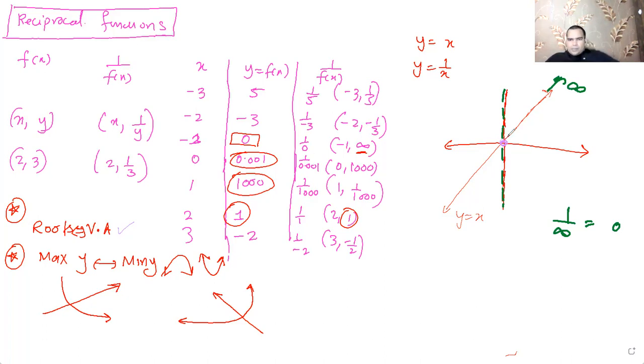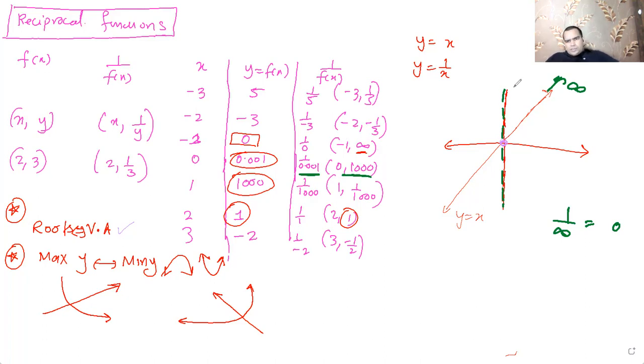And where y values are close to 0, its reciprocal will be very high. So in short, this is a vertical asymptote. And one important thing you'll also notice is that if the function is positive, its reciprocal is also positive. So if the graph is above the x-axis, its reciprocal will also be above the x-axis.